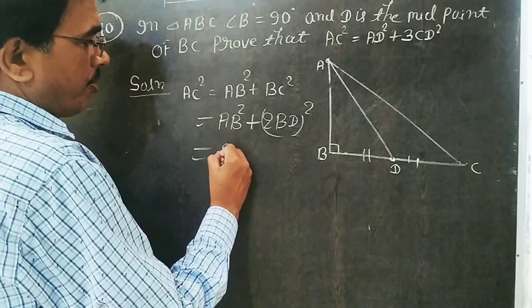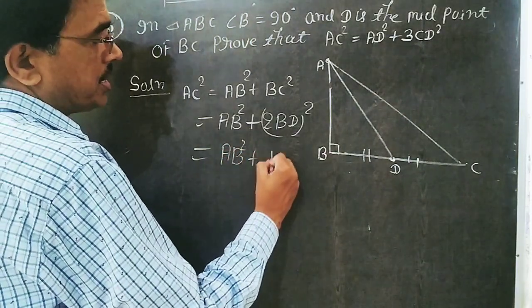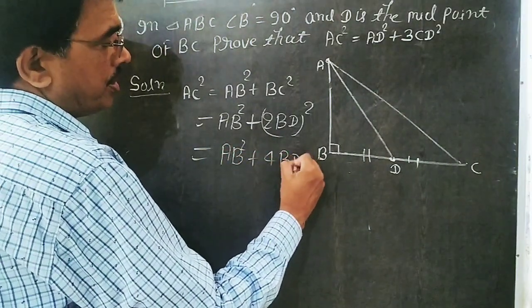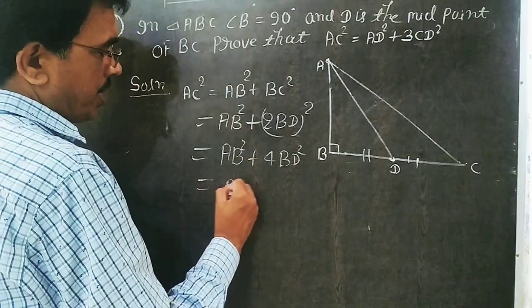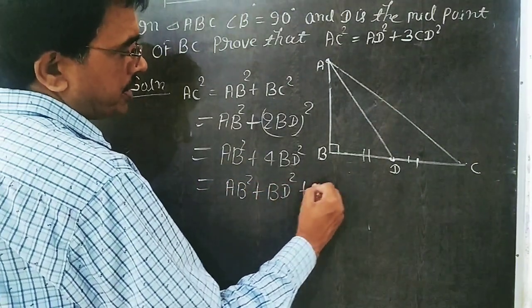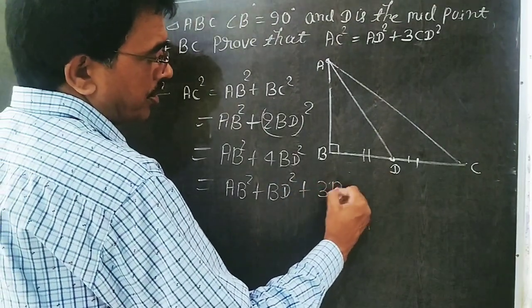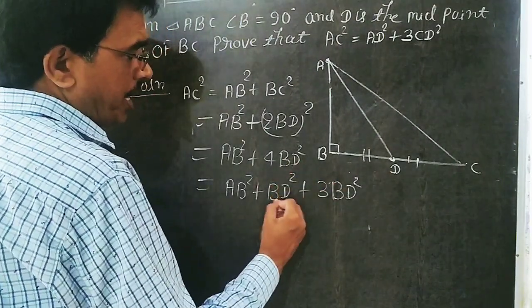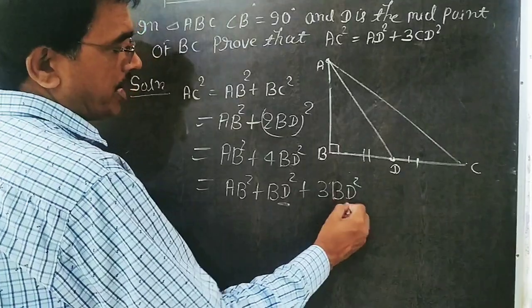Then it is equal to AB square plus 4BD square, which is AB square plus BD square plus 3BD square, because one BD square is here and the remaining is 3BD square.